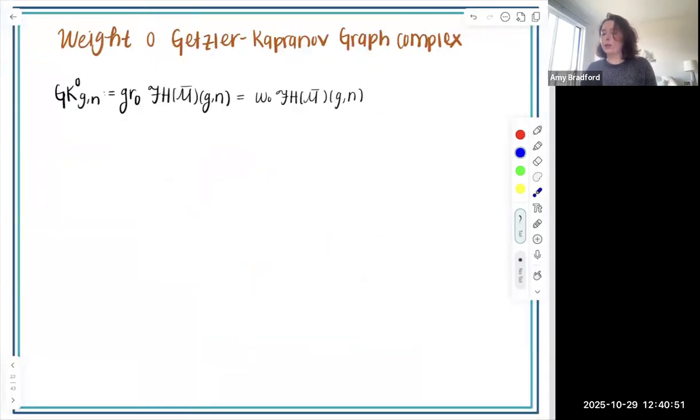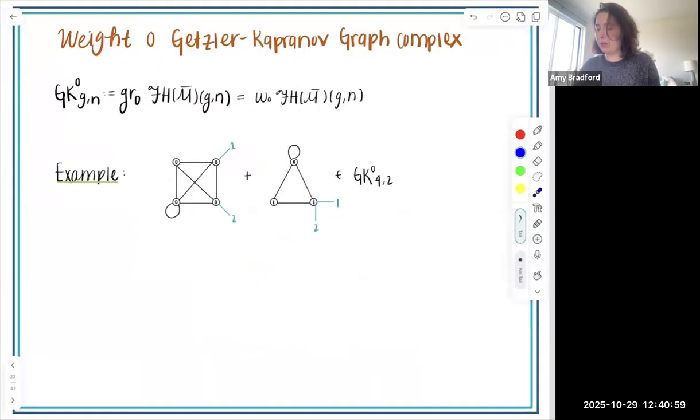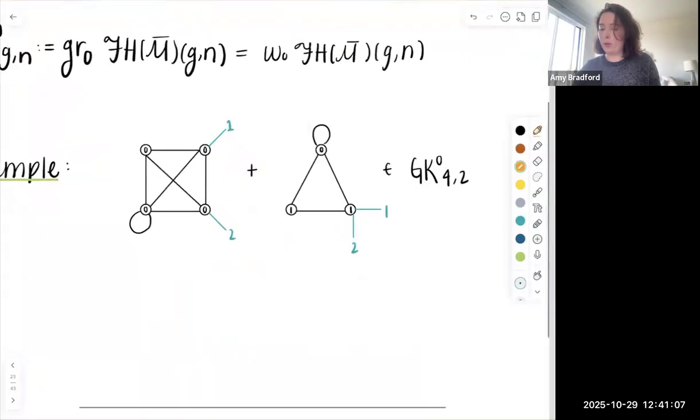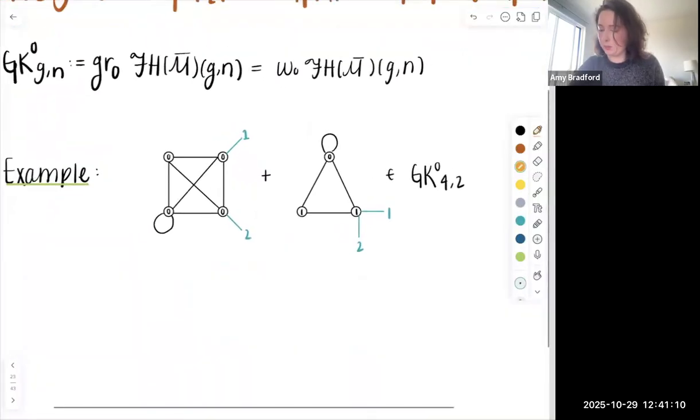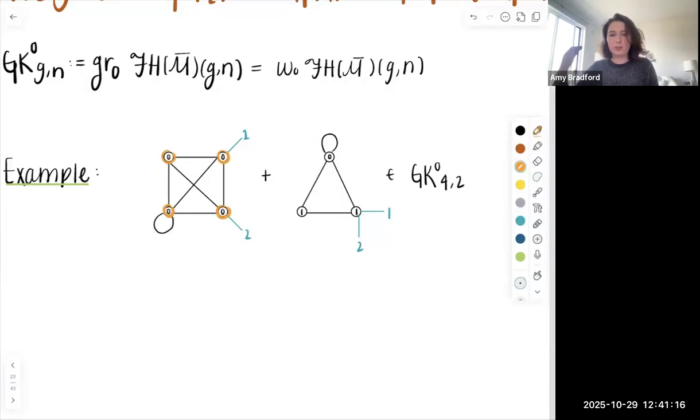Okay, and so what does this look like if I want to say, what does a weight zero graph look like inside of this vector space? Well, here's an example: we can take any sum of graphs, and then I need to specify that the weight is going to be 0, and so I need to put a cohomology decoration on each of these vertices whose degree sums up to 0.